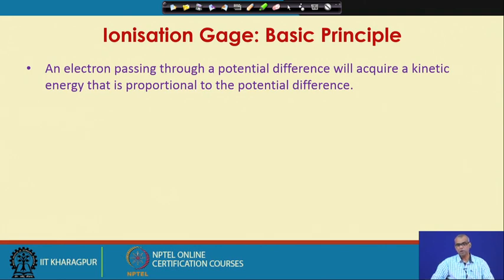The basic principle of ionization gauge is as follows. An electron passing through a potential difference will acquire a kinetic energy that is proportional to the potential difference through which the electron is passing.